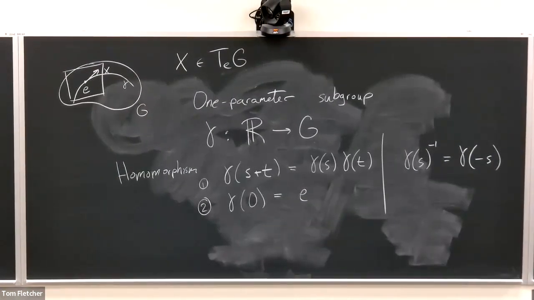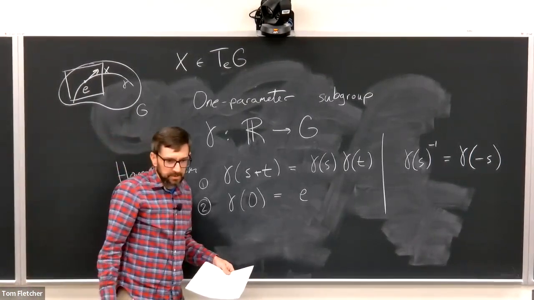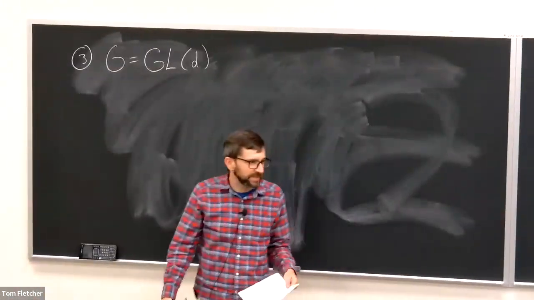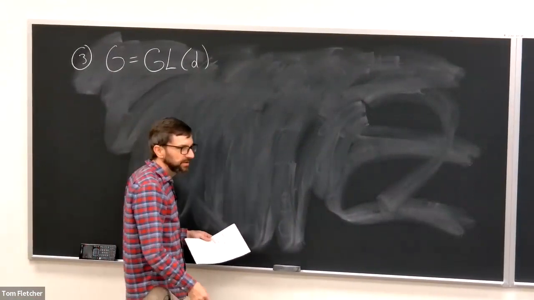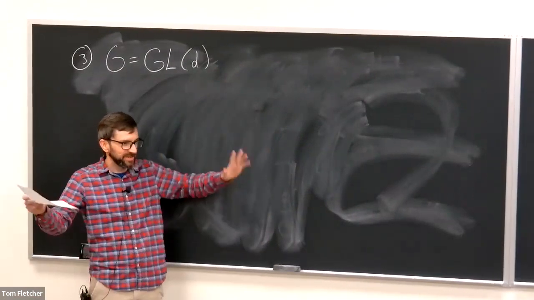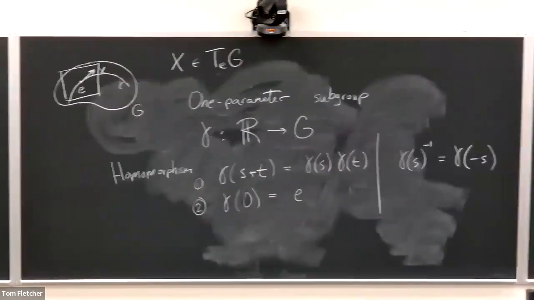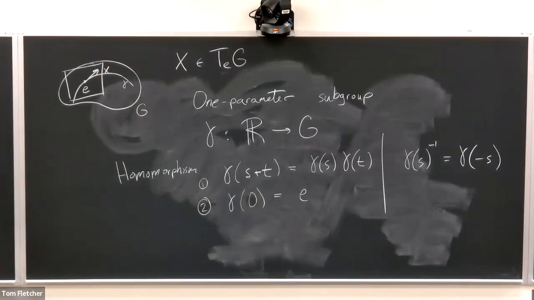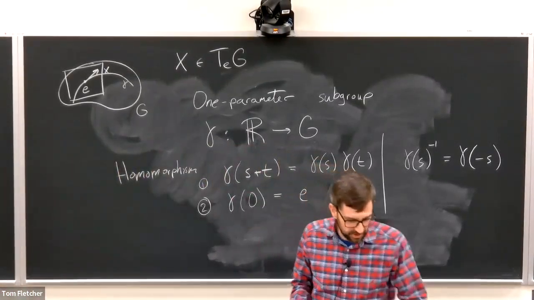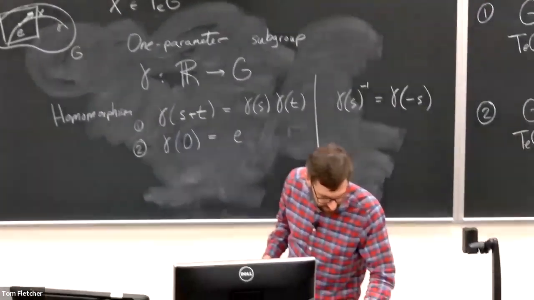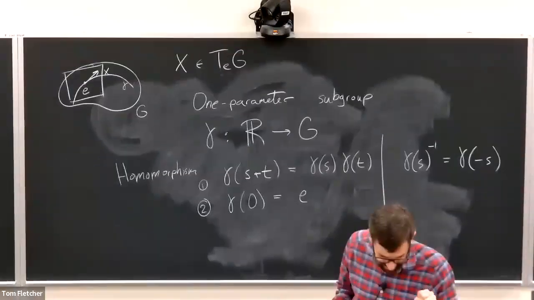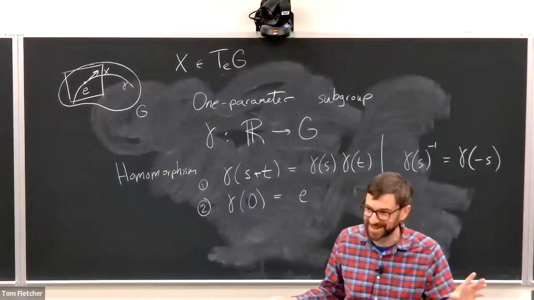So let's take G equals, again, GL of D, D by D matrices. Okay, this board, the camera is very sensitive when I'm standing over here. I don't know what that's about. And if I keep moving, it will keep the board over here. Okay, that's ridiculous. Sorry, if I start cursing, it's because of the camera, not you.